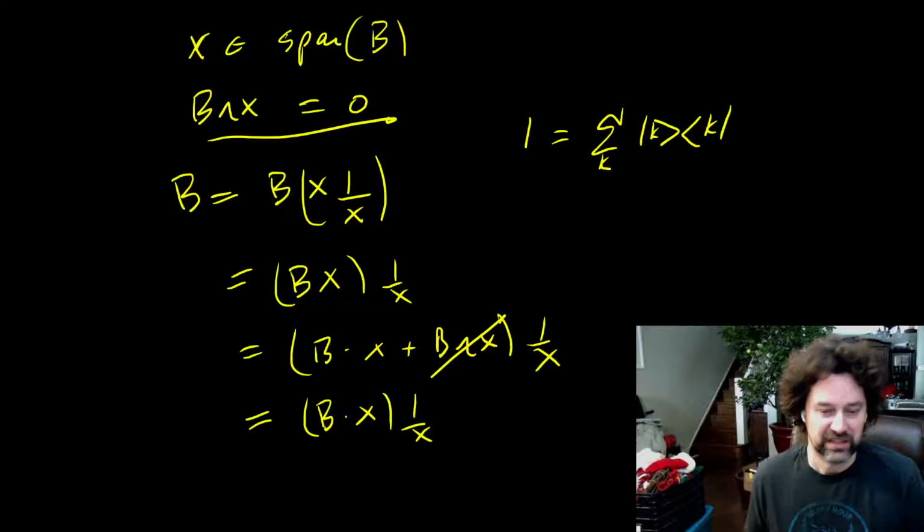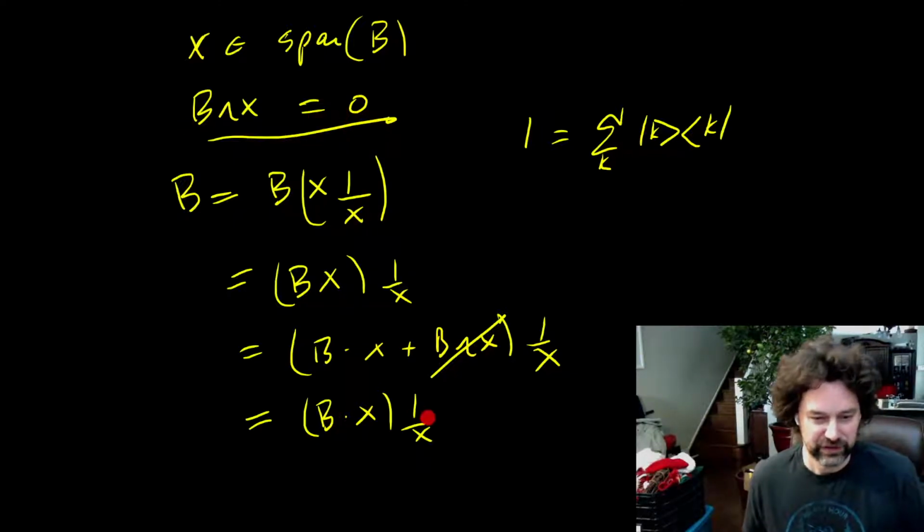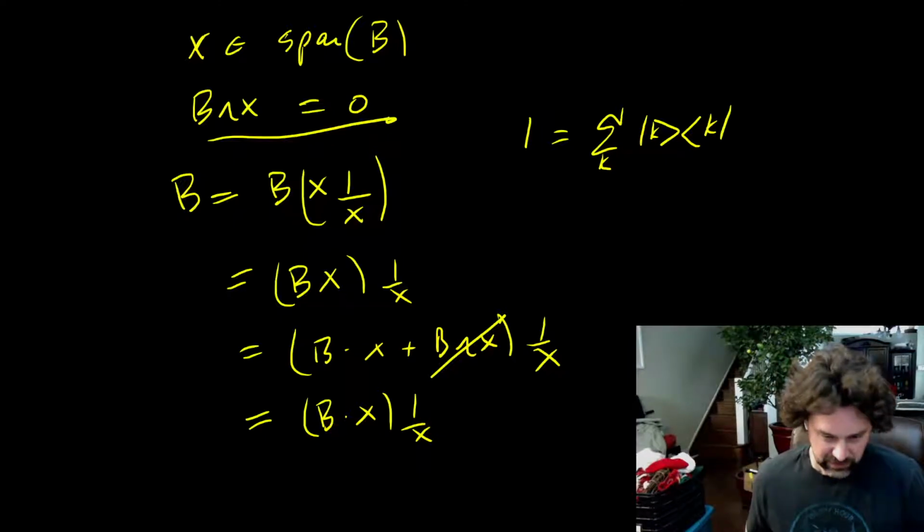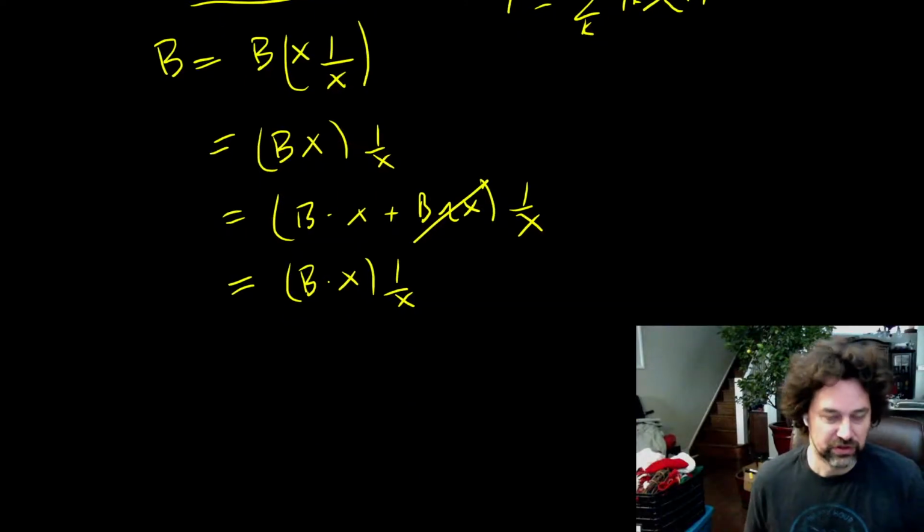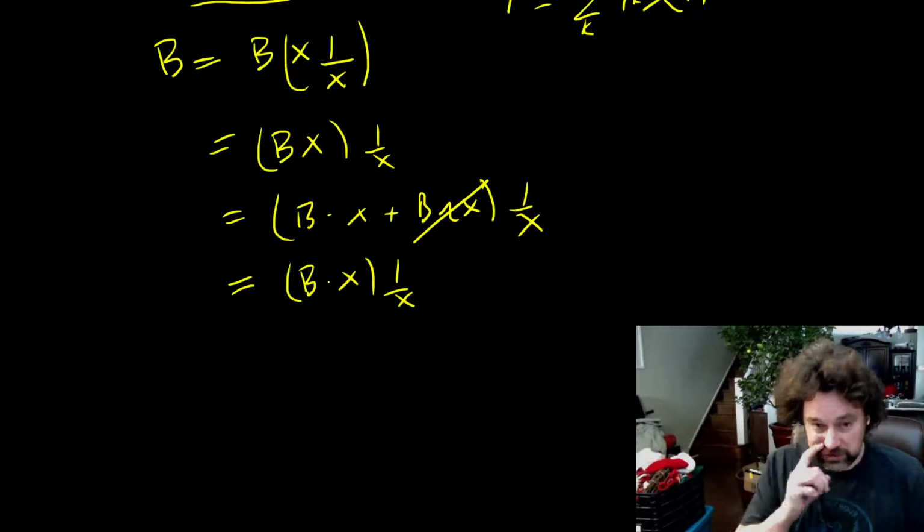So provided b wedge x is 0, we've now figured out a way to factor a bivector into mutually orthogonal factors. We'd have to show specifically that these are orthogonal algebraically. We'll also see that geometrically in a little bit.